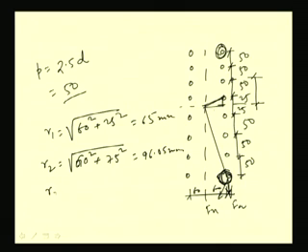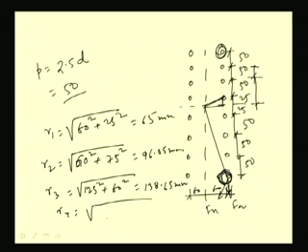Similarly, R3 will become 25 plus 50 plus 50, that means 125, plus 60 square. So, this is coming 138.65 mm. Similarly, R4 will be 175 plus 60 square, is equal to 185 mm. So, this is 65, this is 96.05, this is 138.65 and this is becoming 185 mm. So, in this way we can find out all these distances.